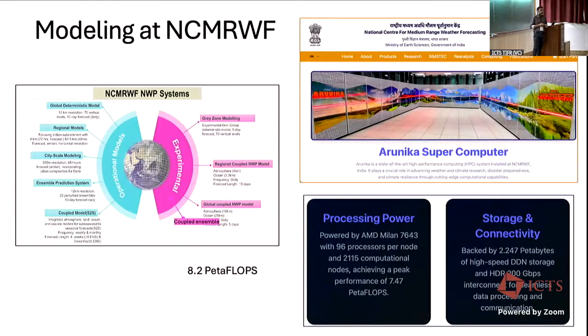So any students or researchers who want to use this facility can approach the head of NCMRWF and write to us with a problem, a scientific issue, or what you want to do in the modeling part. You can use this facility and see how the GPUs and AI/ML can be used for your studies.